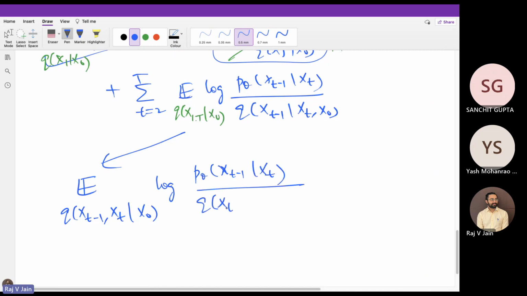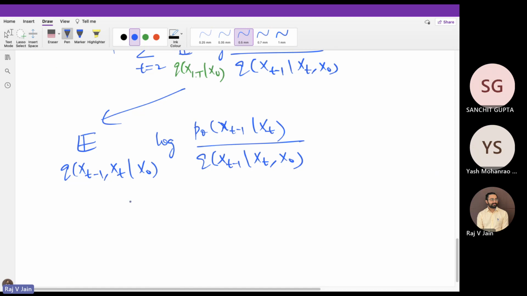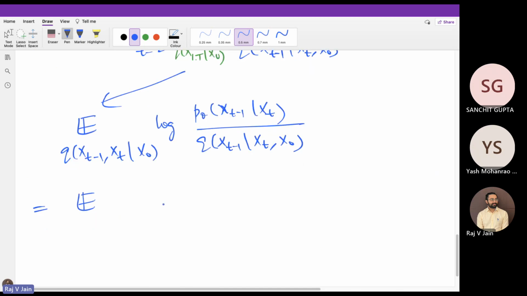Divided by q of xt minus 1 given xt comma x naught. Right? Now, this again I can break down into a conditional expectation, right? Expectation over two quantities. What will be the two quantities? Any thoughts? What would you want here?